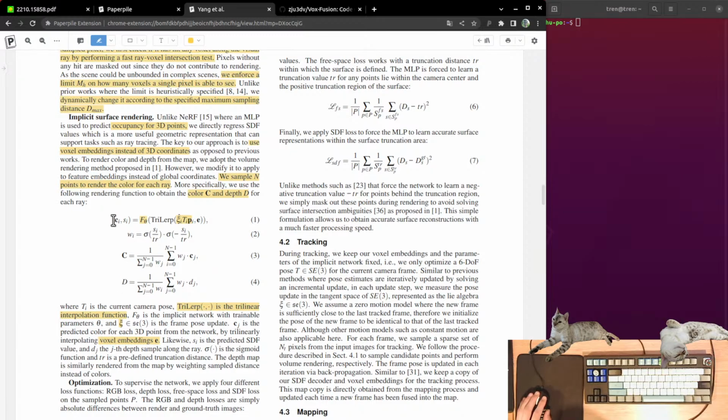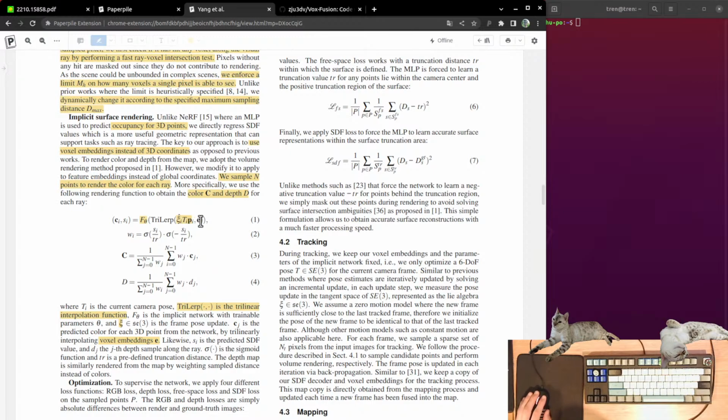Okay, so the color C_i and S_i, the signed distance value, which is effectively just kind of the depth if you want to think of it that way, you get from feeding a bunch of these points, modifying them based on the transformation of the frame and the camera.